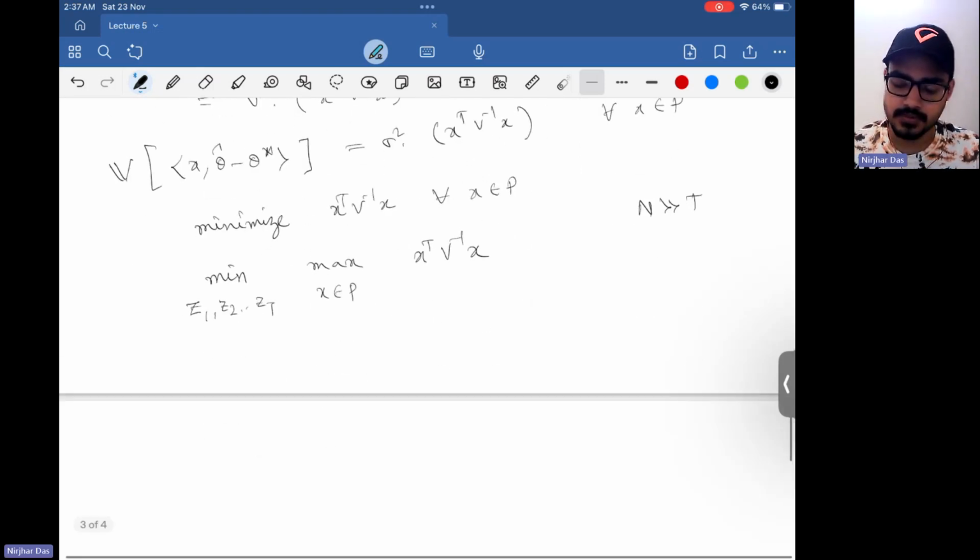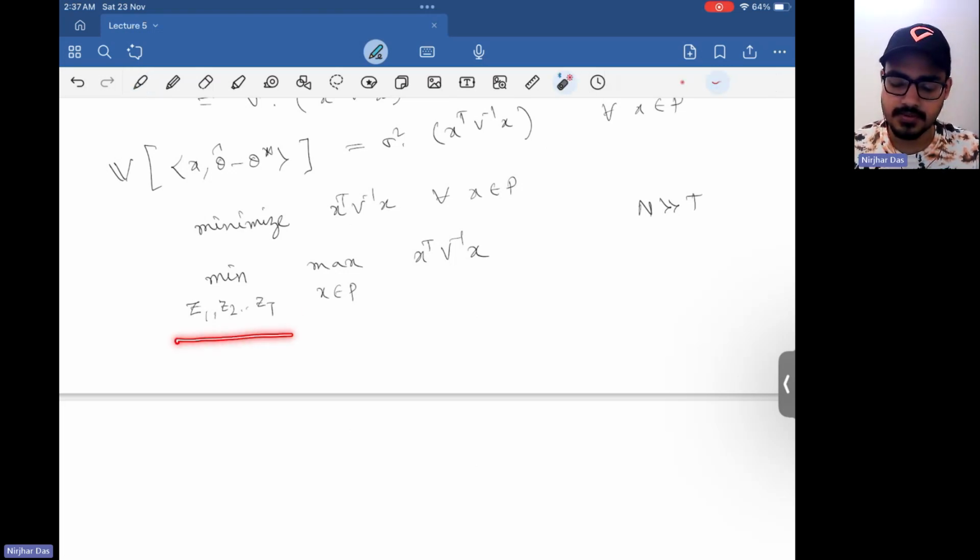But before that, let's do a relaxation of this problem in the following sense. Here, z_1 to z_T are being picked, so this is sort of an integer programming problem. You want to decide how many times to query each of the x_i's belonging to P. For example, say x_1 has to be queried 10 times, so you can pick z_1, z_2 up to z_10, all equal to x_1.